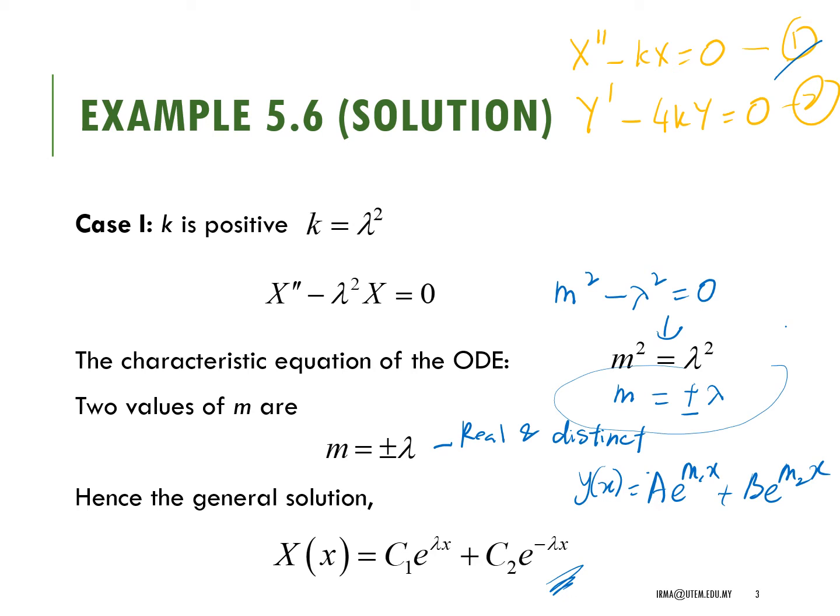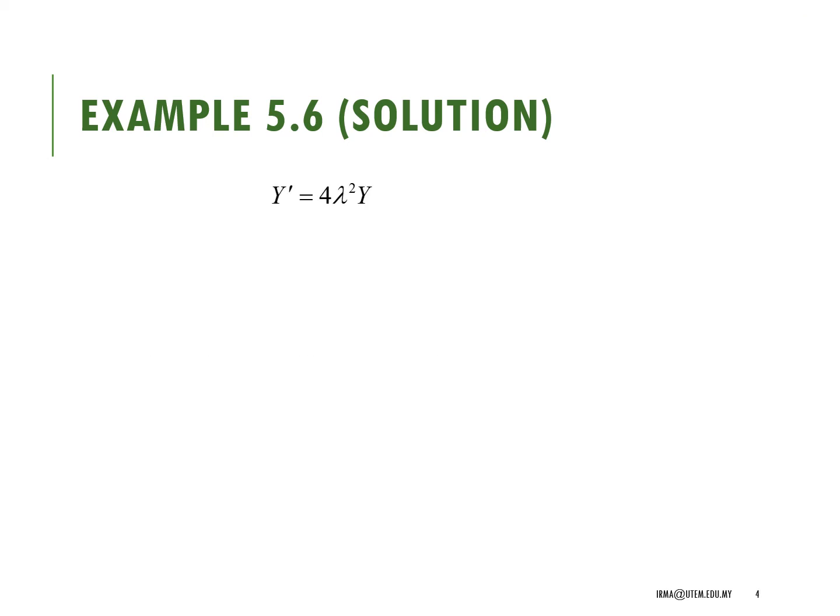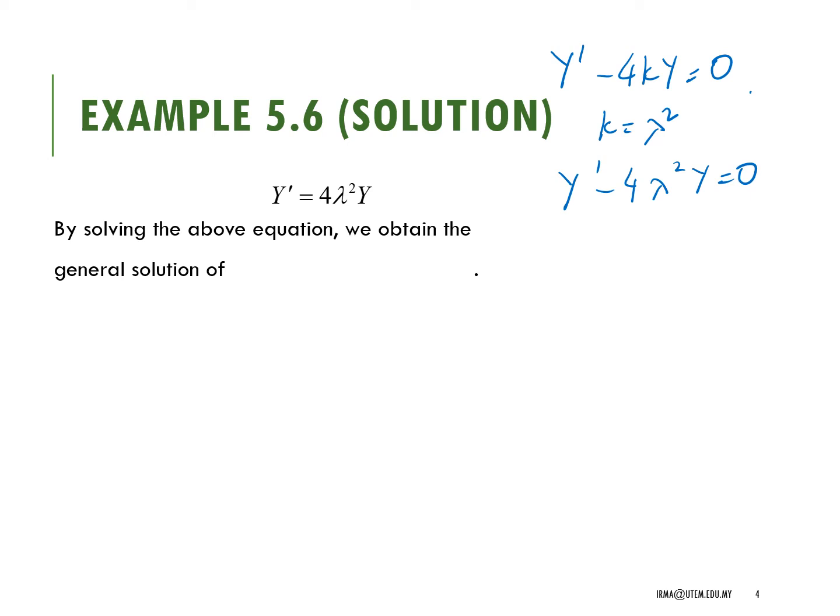Next is for Y. We have Y' equal to 4 lambda squared Y, which comes from Y' minus 4kY equal to 0. When k equal to lambda squared, you have Y' minus 4 lambda squared Y equal to 0. If you write in terms of the characteristic equation, you have m minus 4 lambda squared equal to 0.